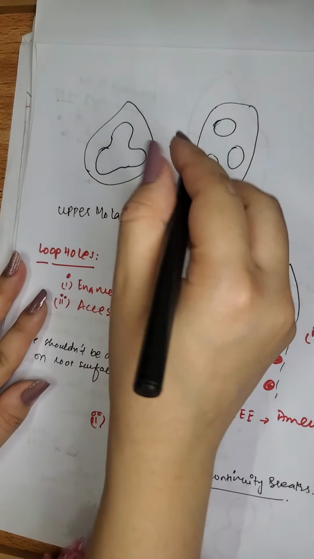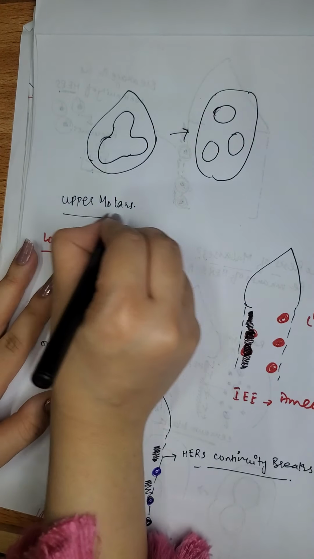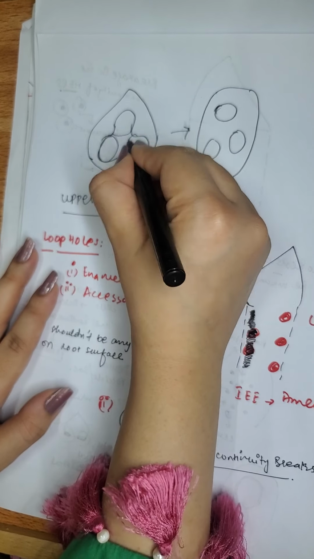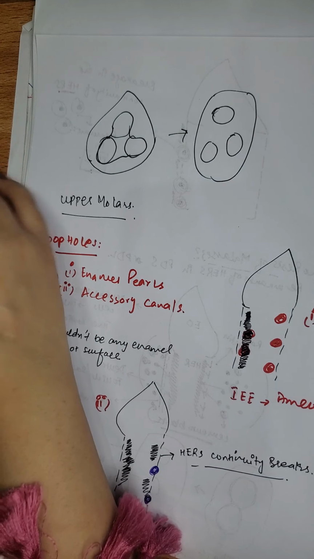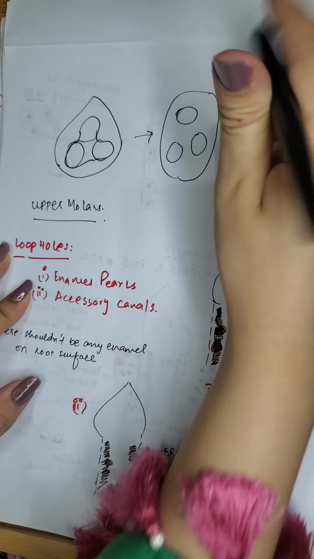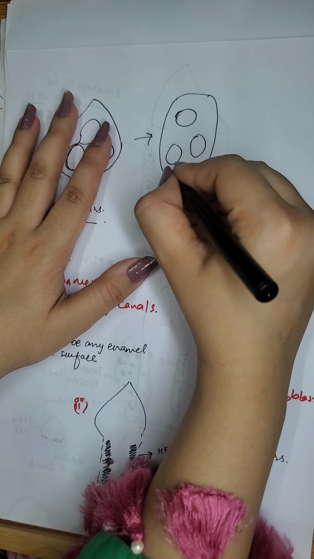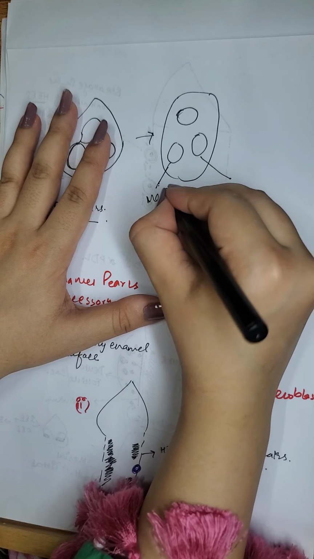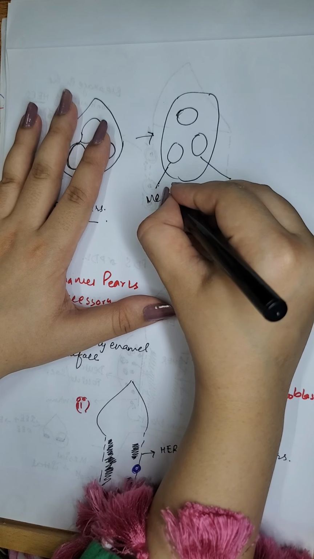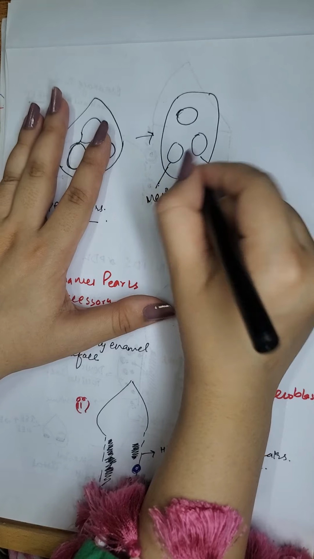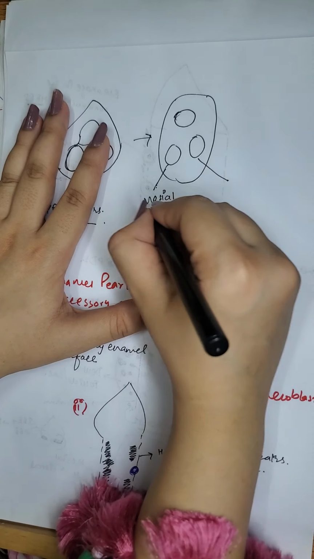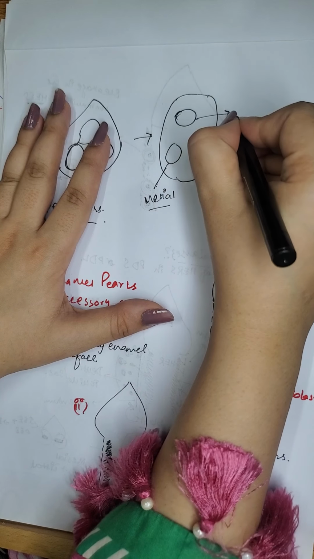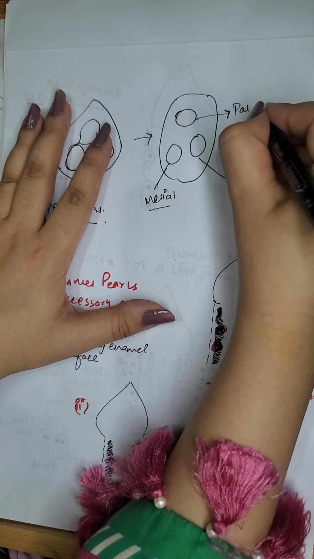Now coming to the next thing, upper molars or the maxillary molars. There were three enamel diaphragms formed, and they are going to split into three roots. We have the mesiobuccal, the distal, and this was the palatal root.